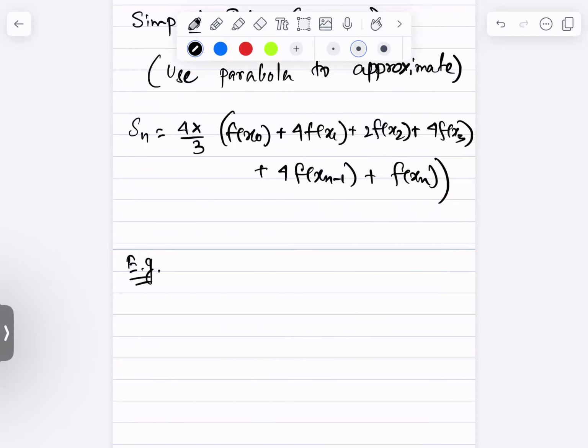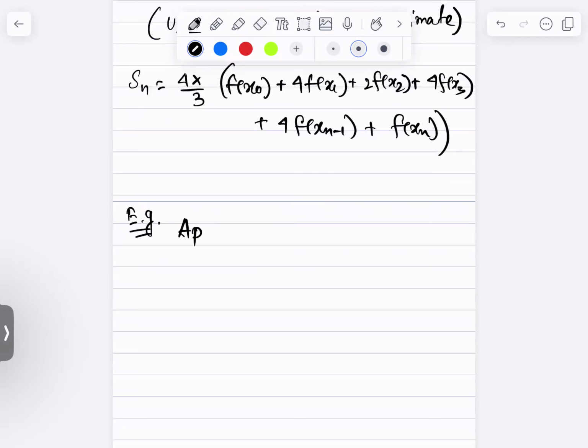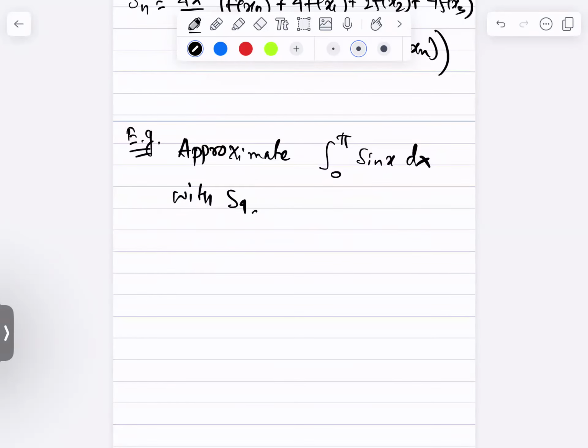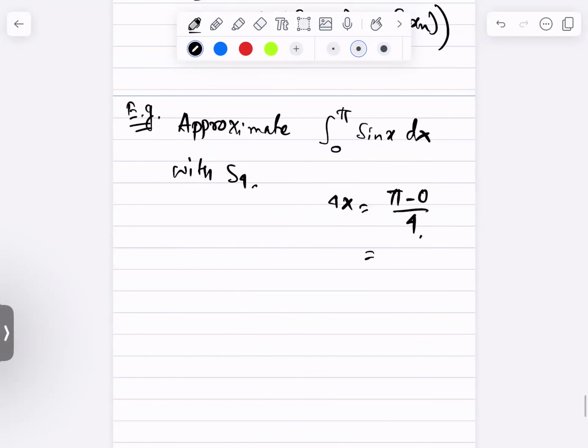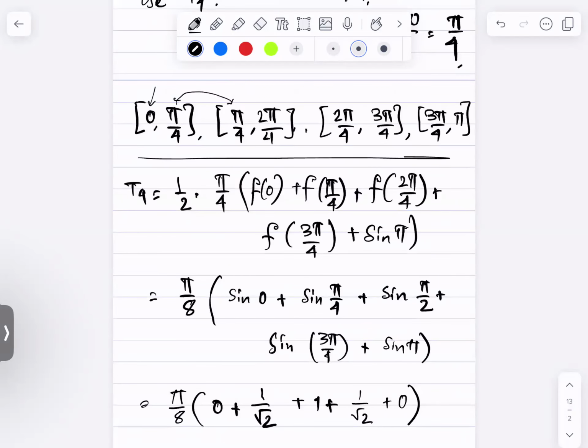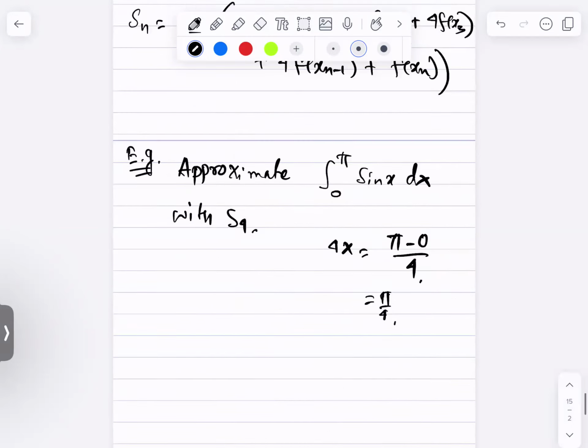Examples. The best way to understand it is to solve an example. Approximate the integral from 0 to pi of sine x dx with S4. So it is kind of the same problem. If I calculate delta x, it will be pi minus 0 over 4, which is pi over 4. And then I'll get exactly 4 subintervals like the previous problem.